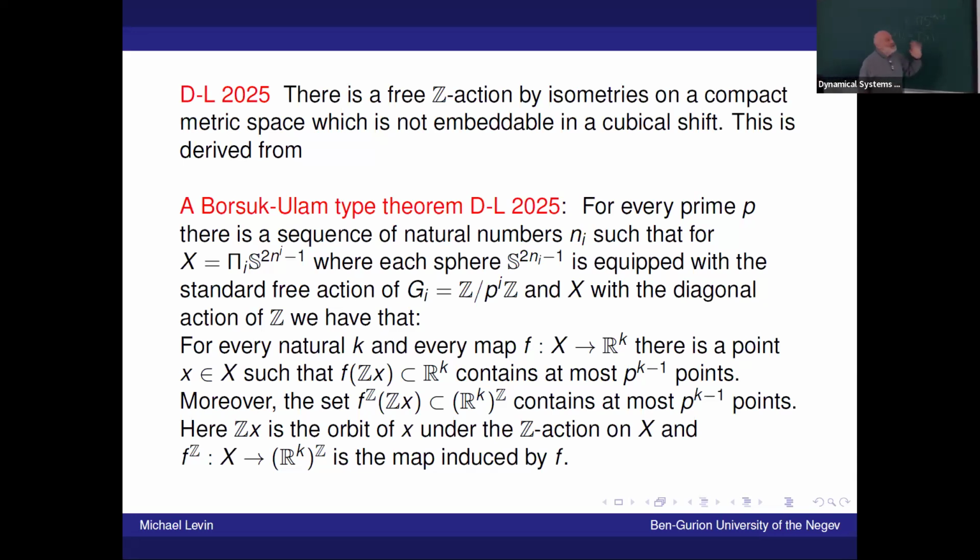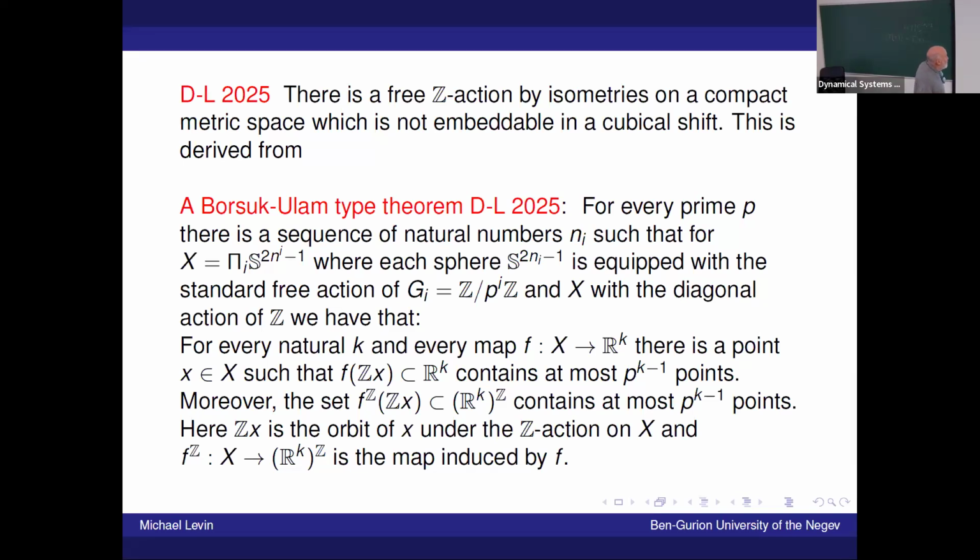In other words, you can consider each sphere with its action. You just take the epimorphism from Z to the sigma. So all the spaces here are Z-spaces, and you take the diagonal action of Z. Okay, it will be the same.